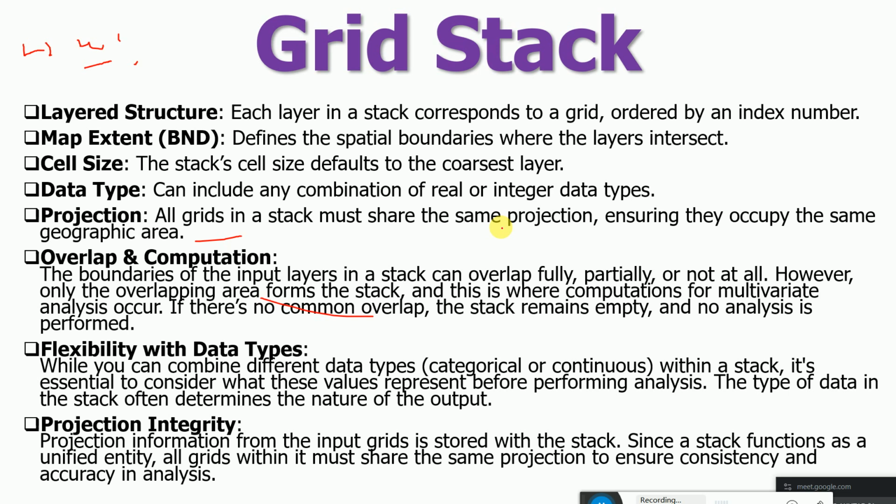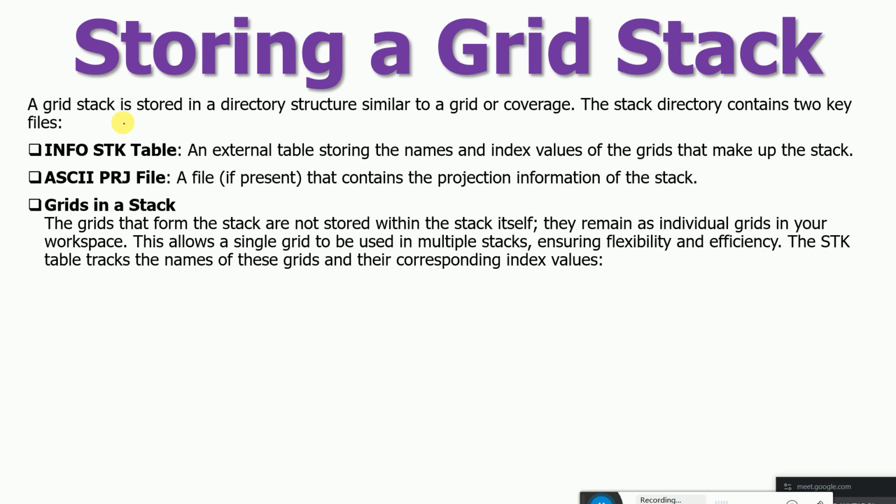Flexibility with data type: while you can combine different data types, categorical or continuous, in a stack, it is essential to consider what these values represent before performing analysis. The type of data in the stack often determines the nature of the output. Projection integrity: as I have already told you, the projection must be the same.